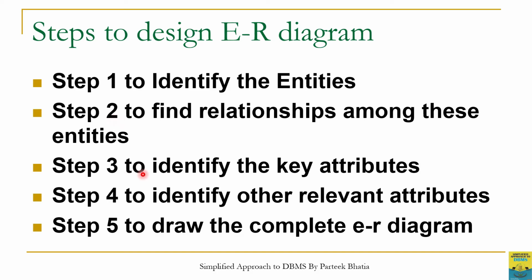In step 3, we have to identify key attribute, or in simple words, we have to identify primary key for each entity set. In step 4, we have to identify other relevant attributes of that entity set. Now, after capturing all these details in these 4 steps, the final step will be to draw the ER model.